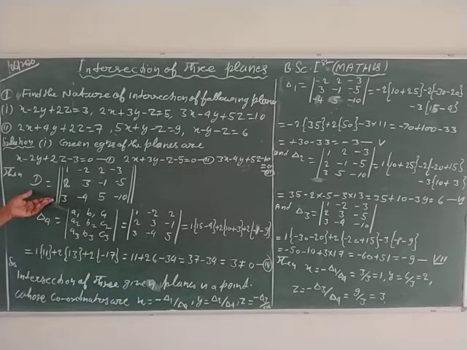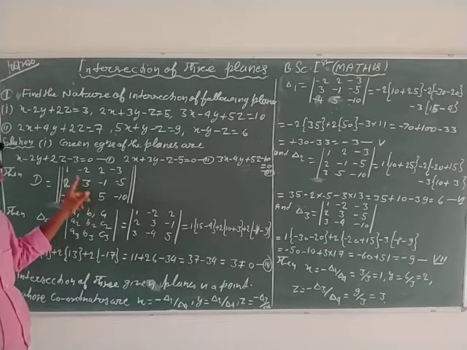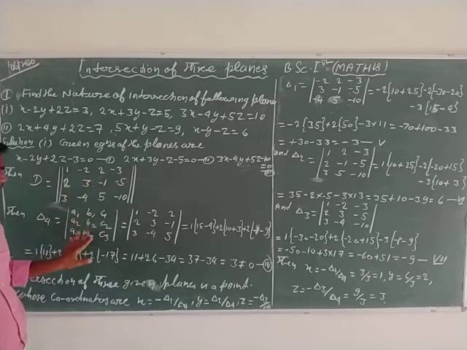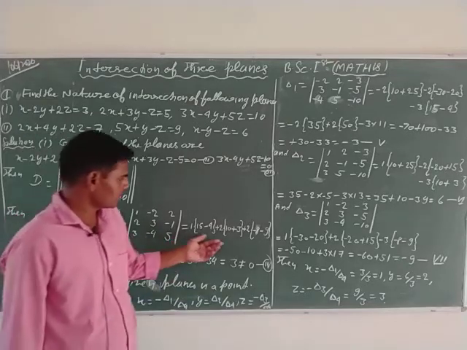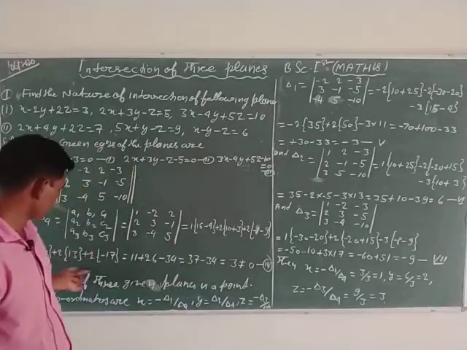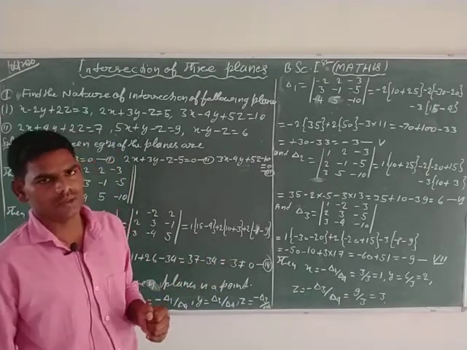With the help of this, you can find the value of delta 4. Delta 4 is found by eliminating the 4th column, and the remaining columns, first, second and third, form the determinant. After calculating, its value is equal to 3. 3 is not equal to 0.